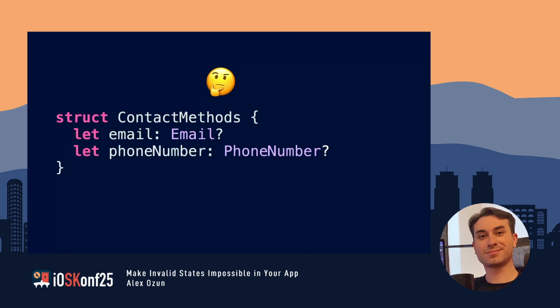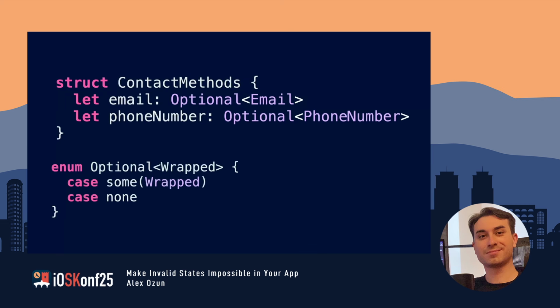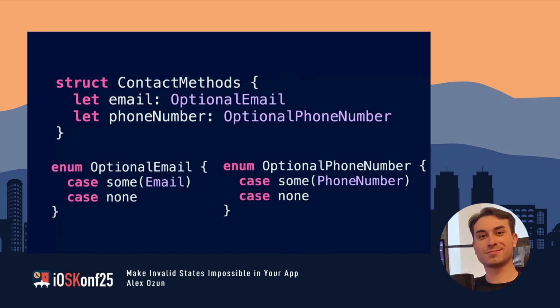So let's break it up, and let's refactor this data structure in a way that would allow us to eliminate the illegal state. First, let's desugar the optional type. Optional is a generic type, which is an enum which has two cases. All of you know this very well. So let's specialize this optional into two types. Pretend we have two specific enums, optional email and optional phone number.